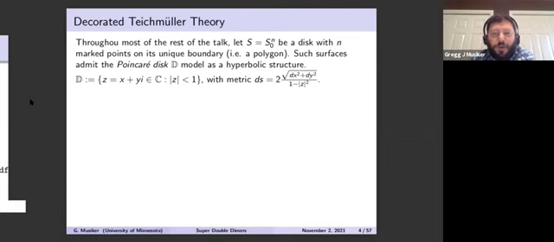So for those who haven't seen it before, I'll be focusing mostly on the Poincare disk model, which has a very specific hyperbolic metric. And what that metric basically says is we have this polygon or circle, and the vertices of the polygon are cusps that are infinitely far away from the center of the polygon.